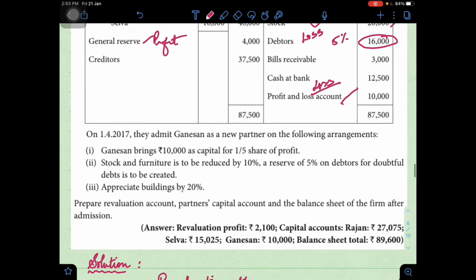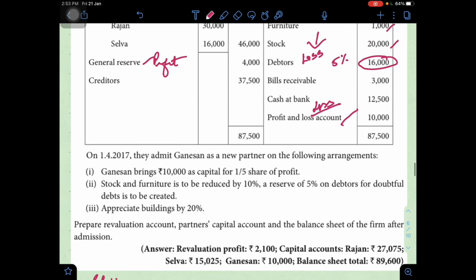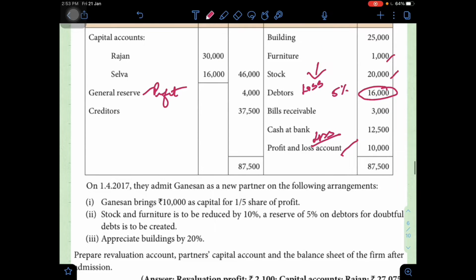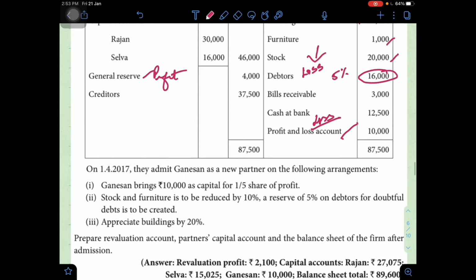Now appreciate buildings by 20%. So buildings alone are now increasing by 20%. On 25,000 we will be calculating 20%, and this will become a profit item. Prepare the revaluation account, partners' capital accounts, and the balance sheet of the firm on the admission of Ganeshan, after taking into consideration all those items.